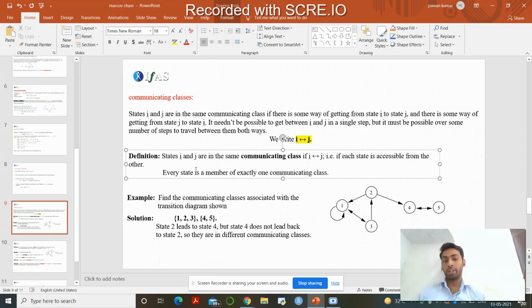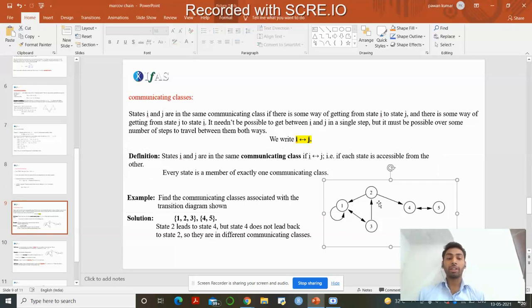By example, if we have a diagram like this, we will find the communicating classes. At state 1 we can go to state 3, then again to 1. We can also go 1 to 1. If I go 1 to 2, we can also come back from 2 to 1.